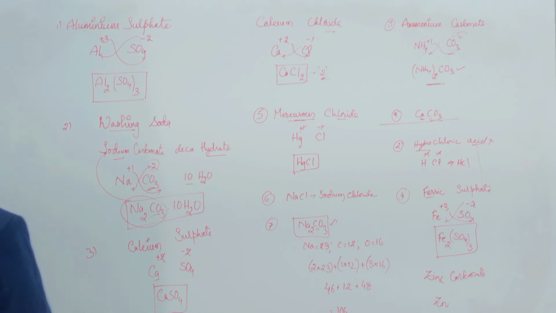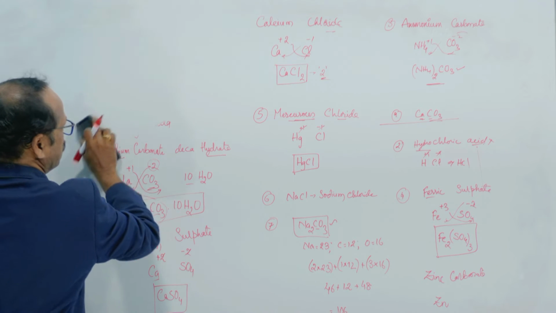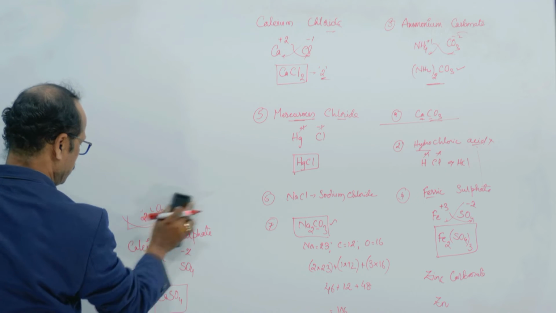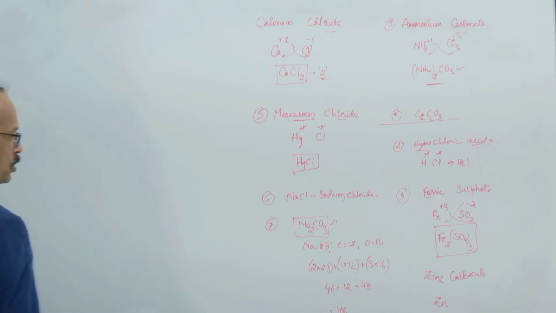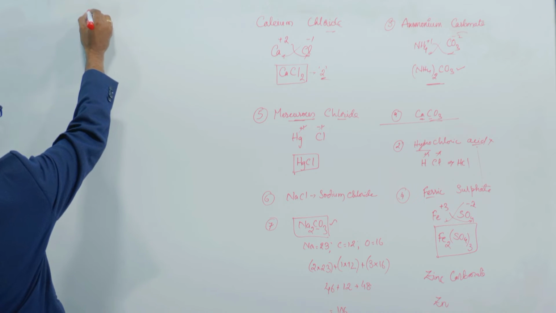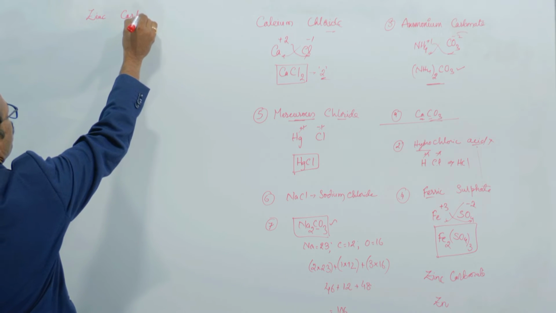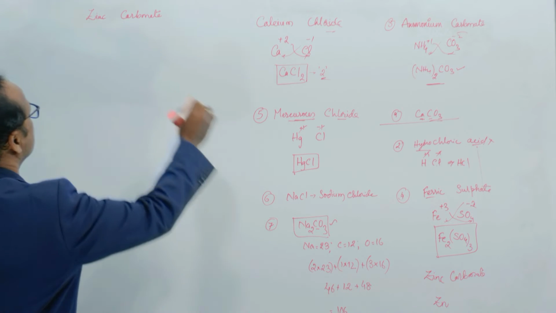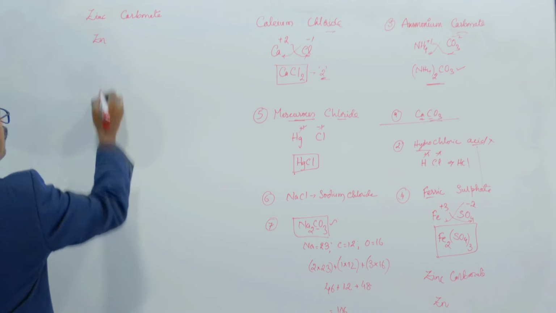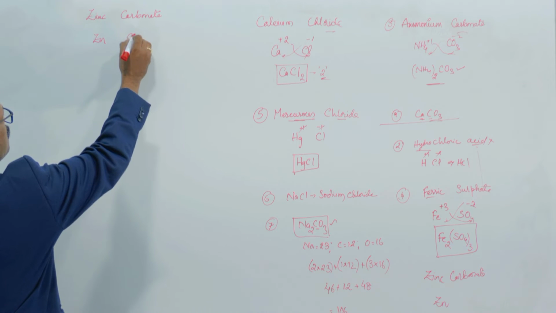I'll rub this one. So, zinc carbonate. The symbol of zinc is Zn, and carbonate is CO3.